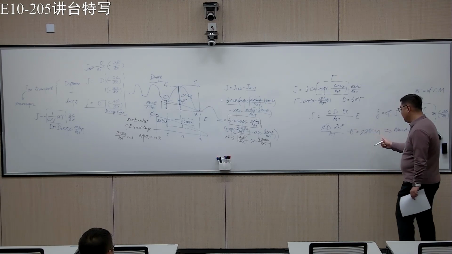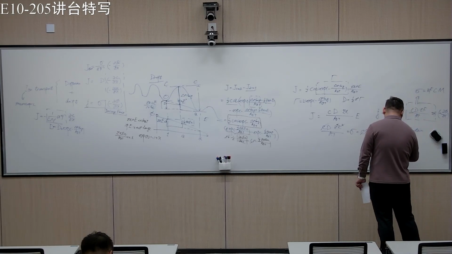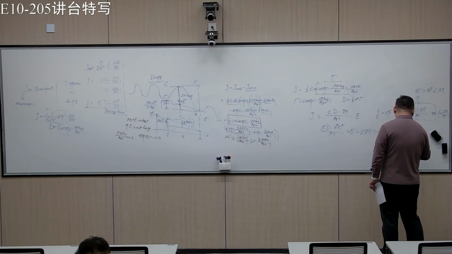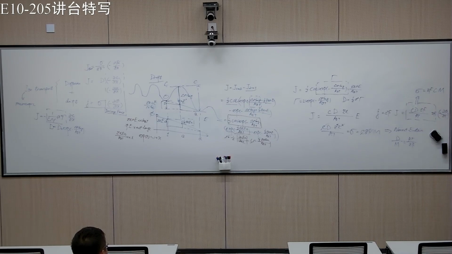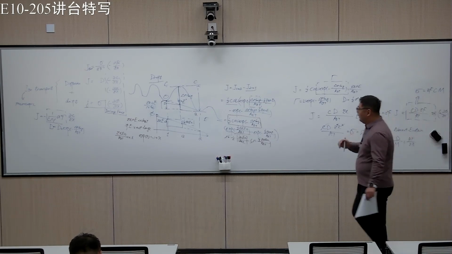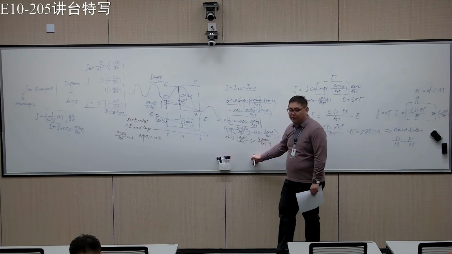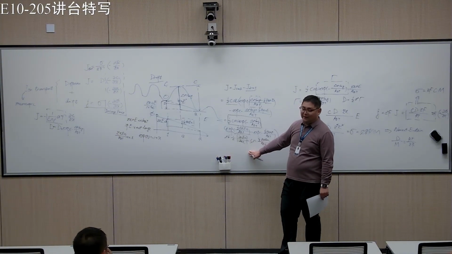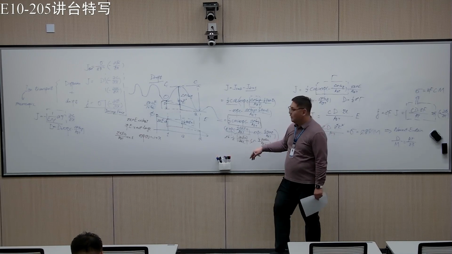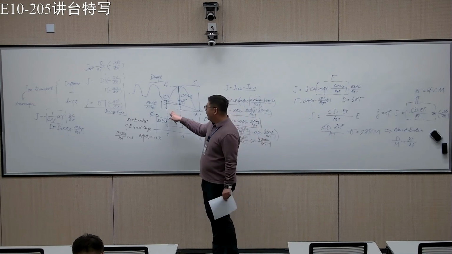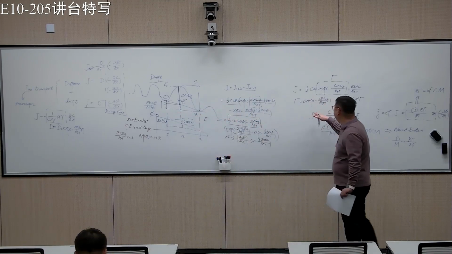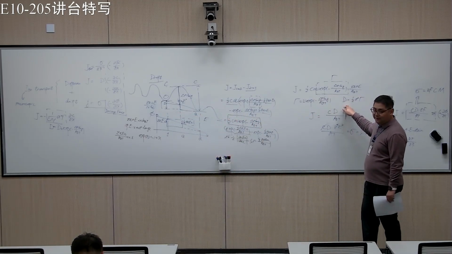Which gives you the relation between mobility and diffusivity, with RT over z squared F squared. This is quite interesting, because from the microscopic picture we did not see anything about the mobility. Here we only care about the diffusivity; up to here we have only diffusivity.